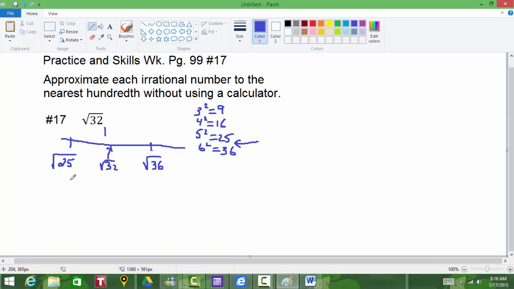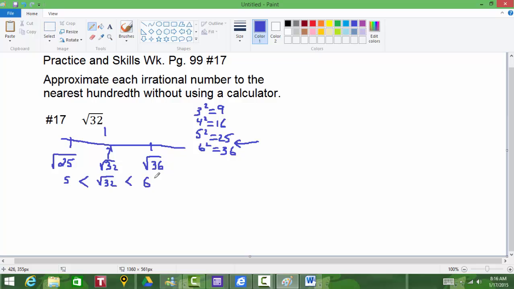Okay, and what that tells us is the square root of 25 is 5, and then I'm still going to leave that square root of 32 in there, and the square root of 36 is 6. Okay, and I know that the square root of 32 is in between 5 and 6. That would be great, and we'd be done with the problem if they had asked us to round to the nearest whole number.